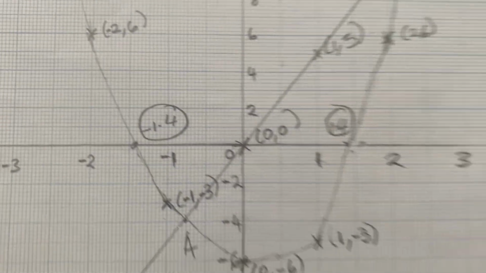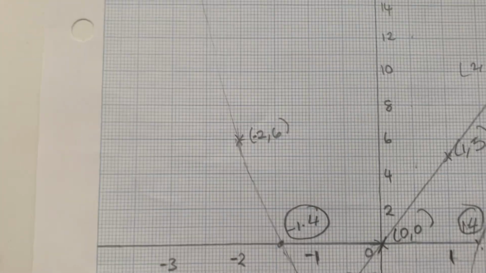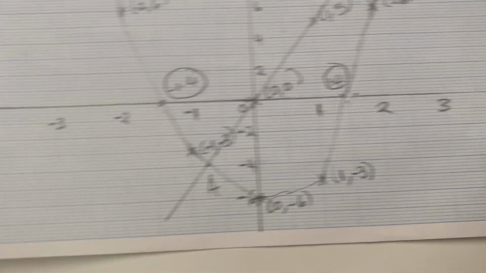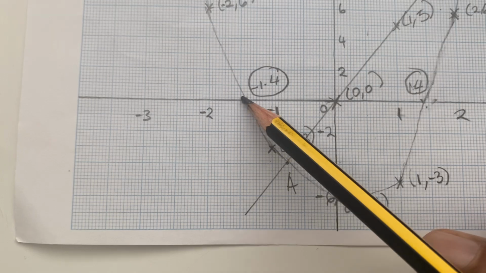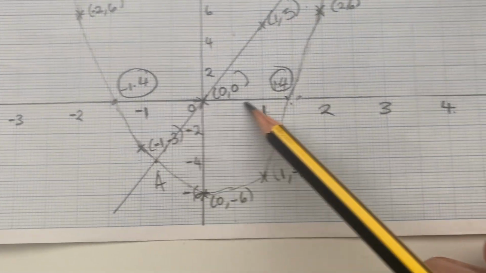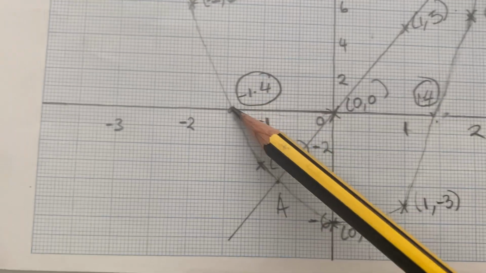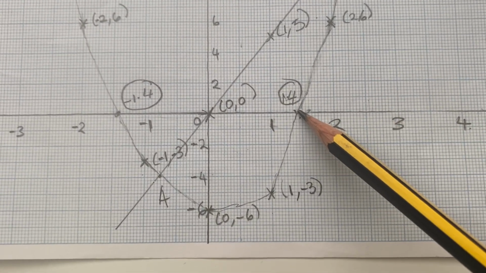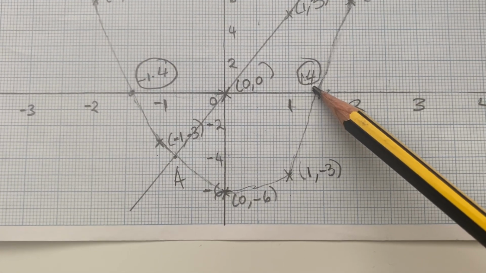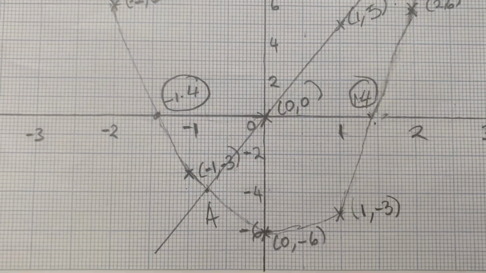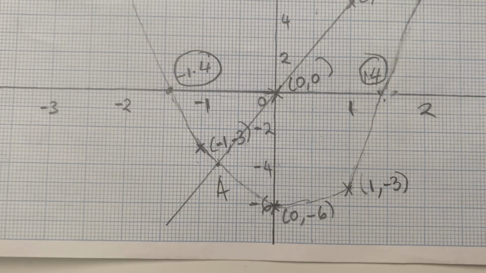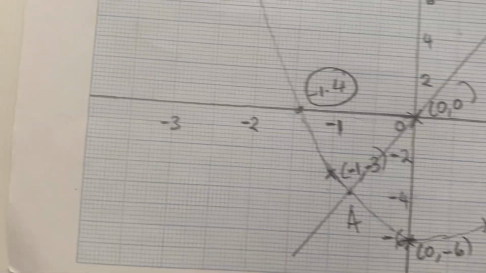This is the x-axis, and on this line, y equals 0. So that is here, minus 1.4, and that is 1.4. If you get the graph right, you can't go wrong. You can actually score all the marks.